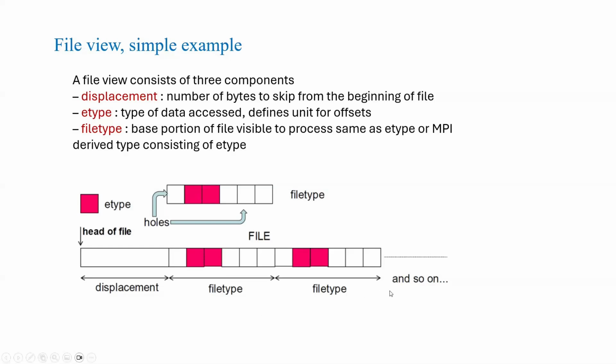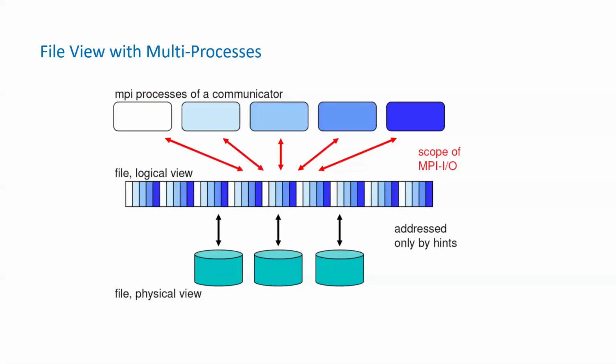The whole file may be treated as this type of thing: we start with the displacement, then there's a file type, and then it continues and repeats. So the simple view is something like this, and from a multiple process point of view it's something like this, which is a logical view.